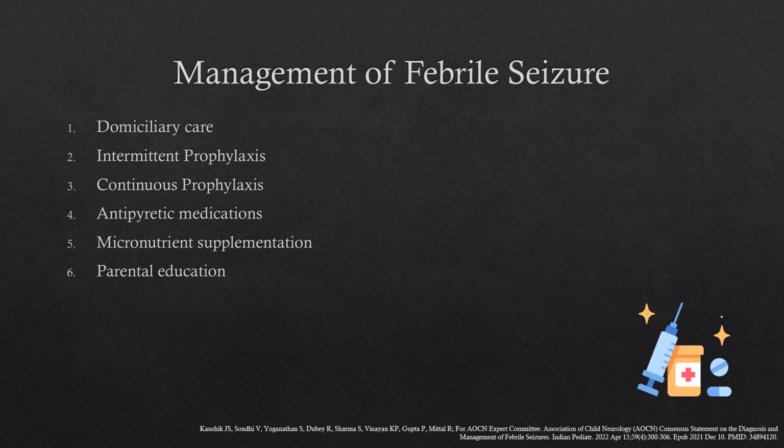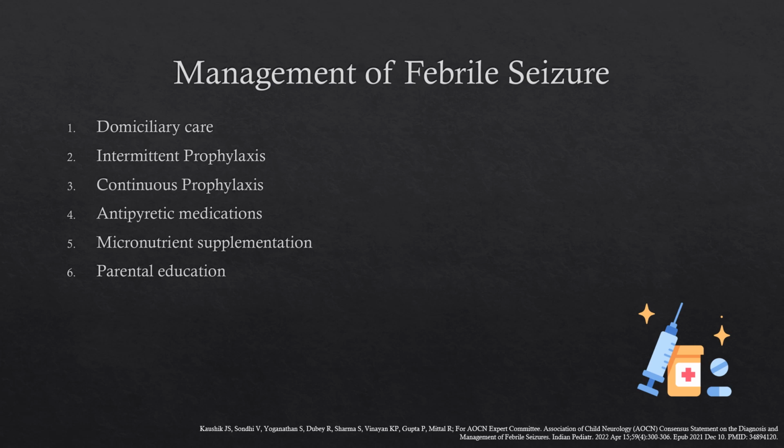So now coming to the management of febrile seizure. There are basically 6 steps of management of febrile seizure in the patient. First, domiciliary care. That means how the seizure will be managed at home. Next, intermittent prophylaxis. That means do we need to give some treatment for seizure intermittently, not continuously. Third, continuous prophylaxis.